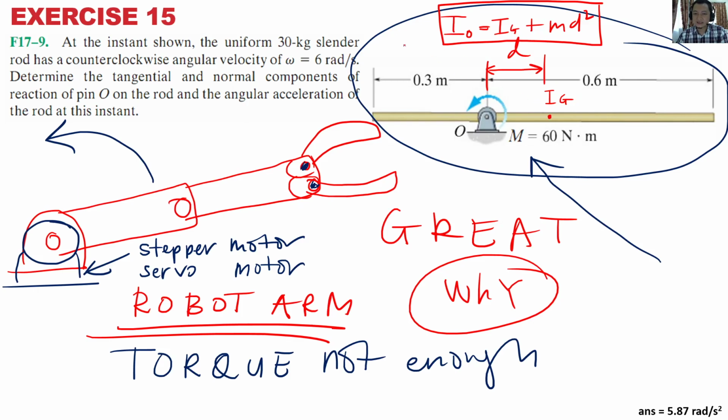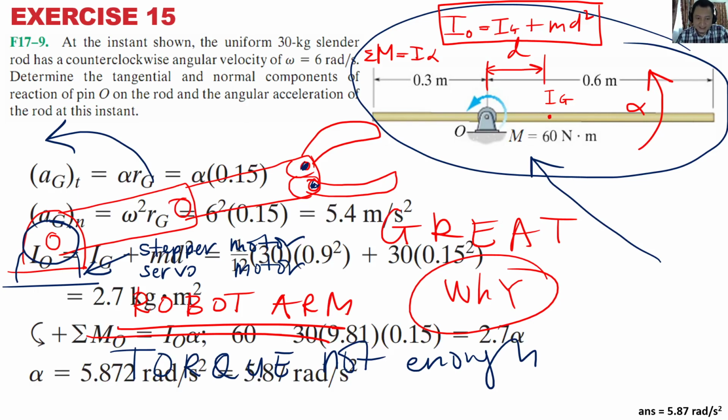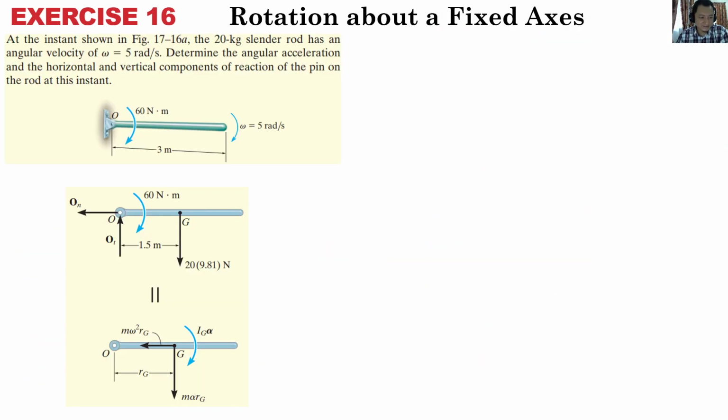Then you can use this in the formula of moment is equal to I alpha. Summation of moment is equal to I alpha. Then you'll be able to get alpha, the rotation. So you have to learn. Something like this is also very similar.